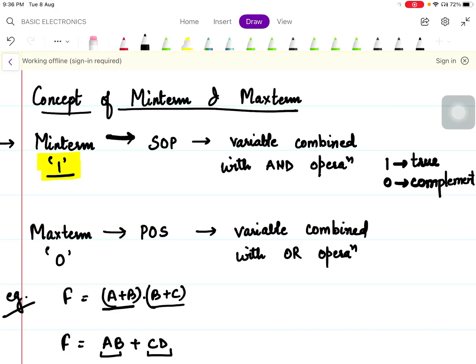In the case of minterms, one is given the priority, that means one is in true form, zero is in complement form. And in the case of maxterms, zero is the true form, one is the complement form. In the case of minterms, the variables are combined with the AND operation, whereas in the case of maxterms, the variables are combined with the OR operation. So this we have to always remember.